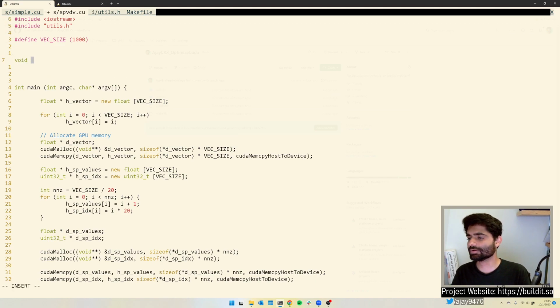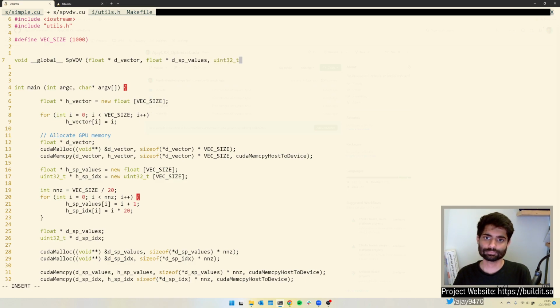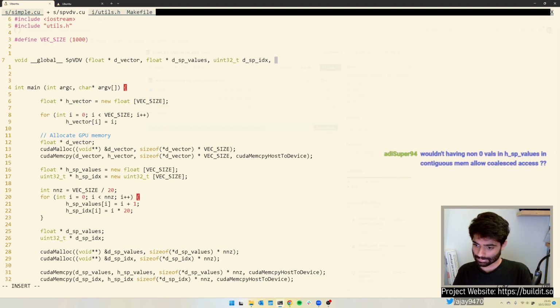So I'm now going to write the kernel spvdv. I'm going to accept the dense vector first. Then I'm going to accept the two arrays, d_sp_values and d_sp_idx, and then we accept the output.